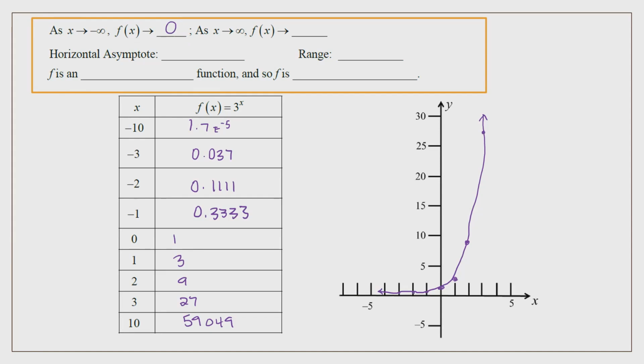As x is approaching infinity, as x is getting bigger and bigger, f of x is going to infinity. It's getting larger. Our horizontal asymptote is y equals 0 because that's the line that our graph is approaching but never crosses.